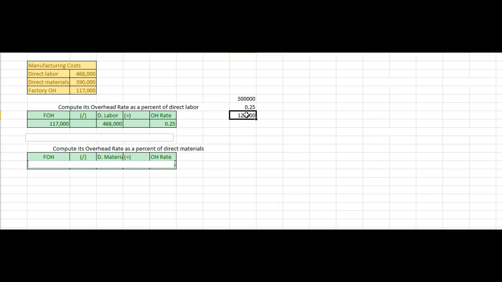Because we don't know what the overhead's going to be in advance, we estimate it and apply it throughout so it can build value. Now, if I decide to use direct materials, it's the same process, only I'm going to come up with a different overhead rate. It would depend on which one of these is most consistent and which one shows the best numbers for what you're looking for.